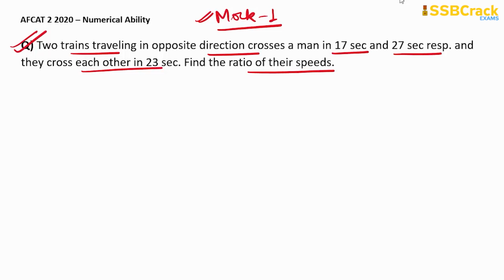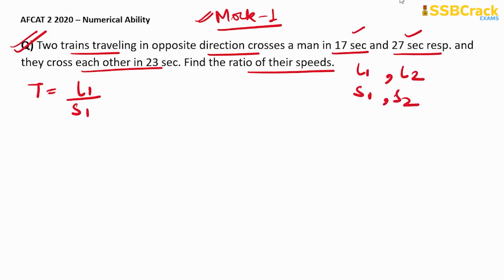It is given that two trains are crossing a man in 17 seconds and 27 seconds respectively. Firstly, we should know that if a train is crossing a man, then the formula for finding the time is t is equal to length of the train divided by speed of the train. Here we can let the length of train 1 be L1 and train 2 be L2, and similarly the speeds be S1 and S2.